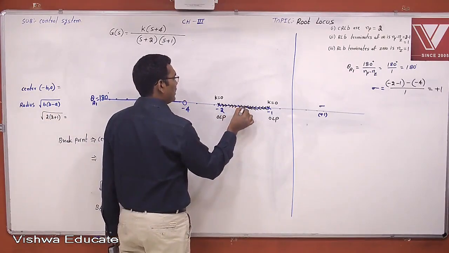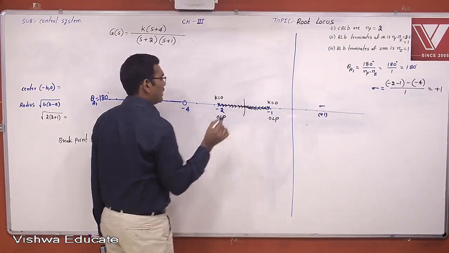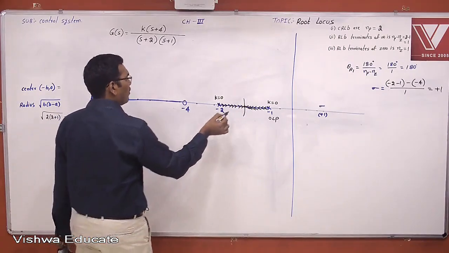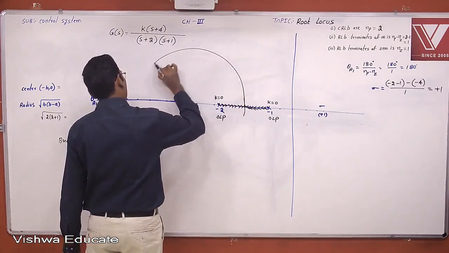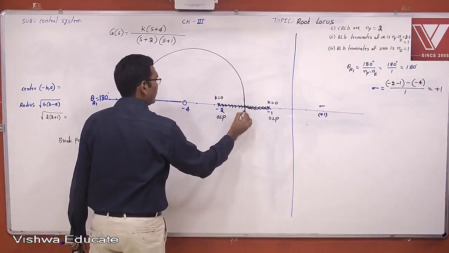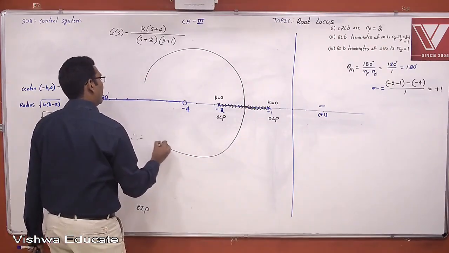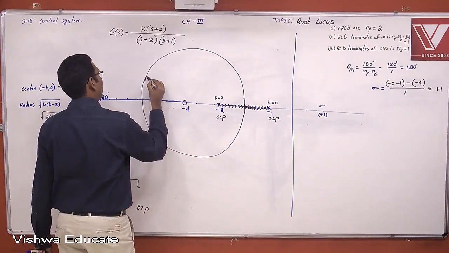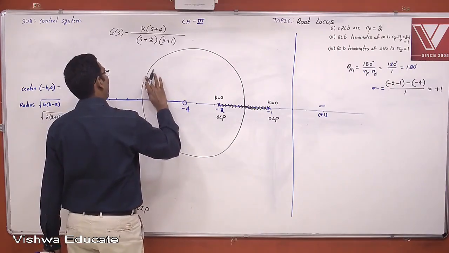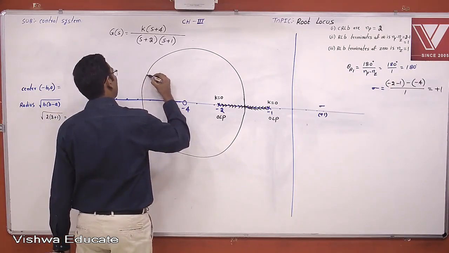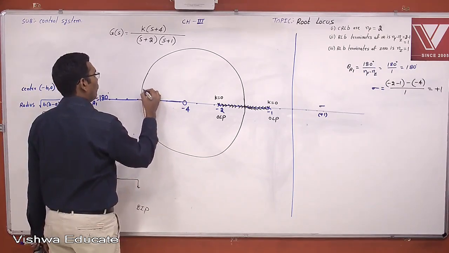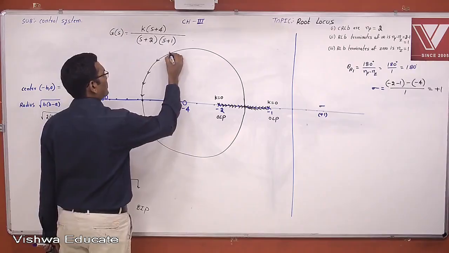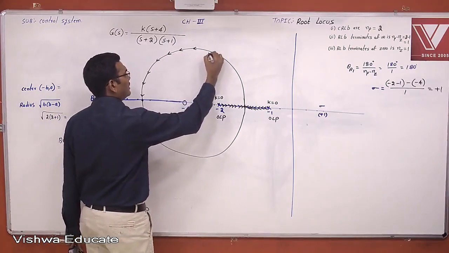Now it leaves the real axis and forms a shape of a circle, and it will enter into the real axis at a particular point. This particular point is called the break-in point, because you know that reason, and after that 0 there is a chance of one break-in point existing, because these are the possibilities which we already discussed.